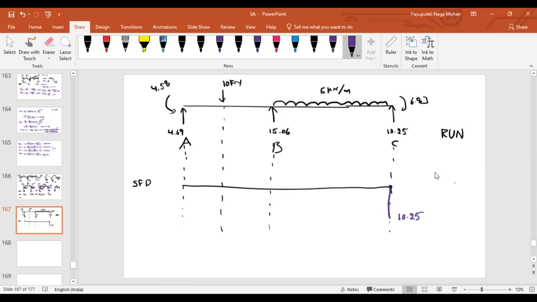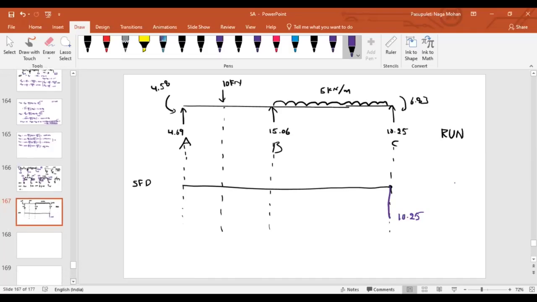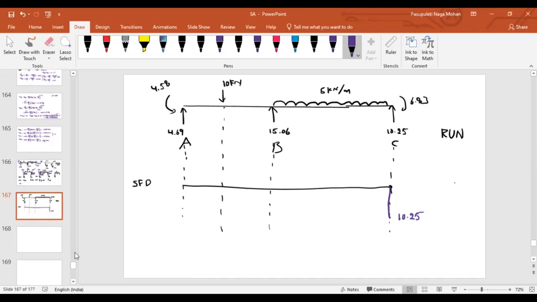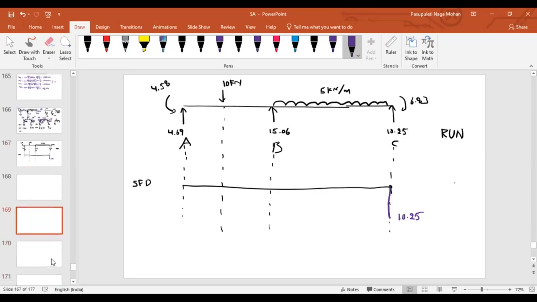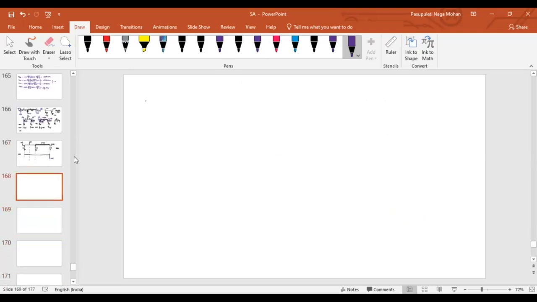Constant, sir. Parabolically. SFD and BMD is done right in strength of materials. Yes, sir. It varies constantly, sir, not parabolic.